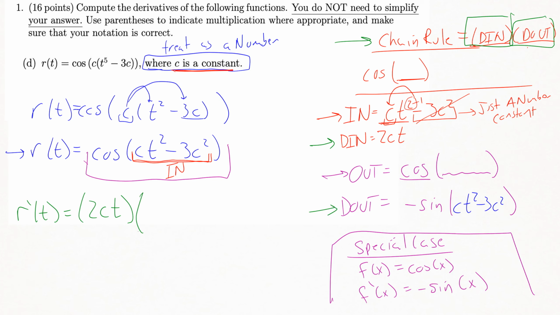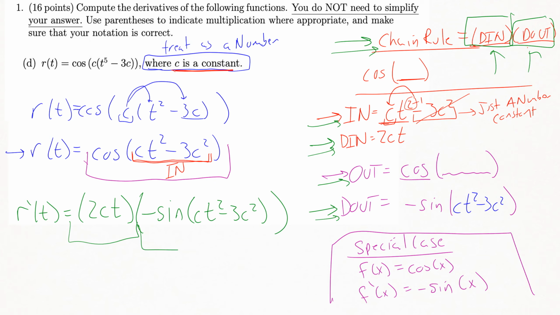Whenever you're doing this, make sure you put parentheses up in front there, or else they'll read that negative sign in front of sine as a minus, and they'll happily ding you a point. So just make sure you put all this stuff in parentheses: negative sine of ct squared minus 3c squared, leaving all that stuff alone. In the end, that'll be our final derivative. It's really just identifying what your primary rule is, getting your saying down, then labeling your pieces and taking their derivatives, and then we put it all back together into our saying, d in times d out.